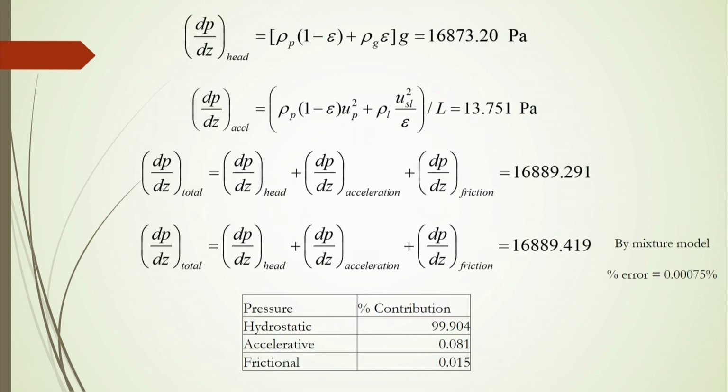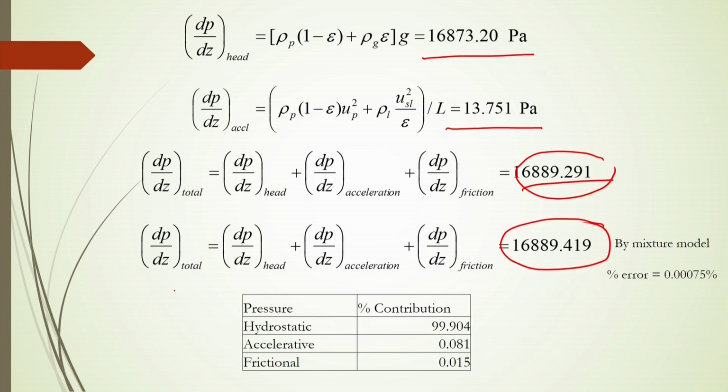So, after substituting these values, you will see that the head component is coming like this, and the accelerative component is coming, and then the total pressure drop will be coming like this, whereas the frictional pressure drop is coming this, and the total pressure drop based on the mixer model is coming this one. So, the error is again very negligible, but here also you will see that the hydrostatic pressure drop is higher relative to the accelerative and frictional pressure drop.